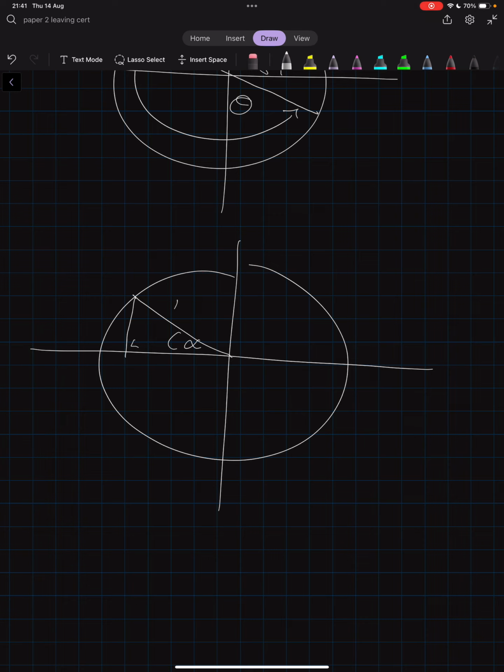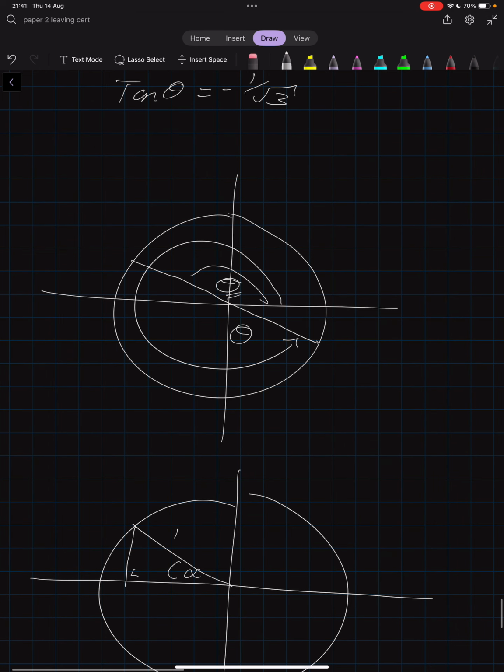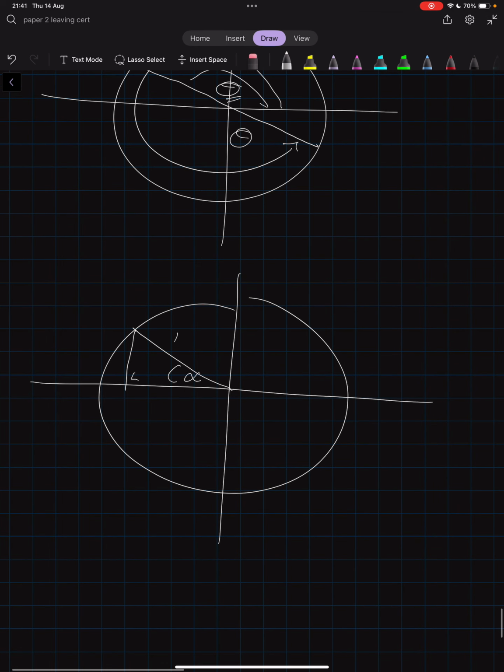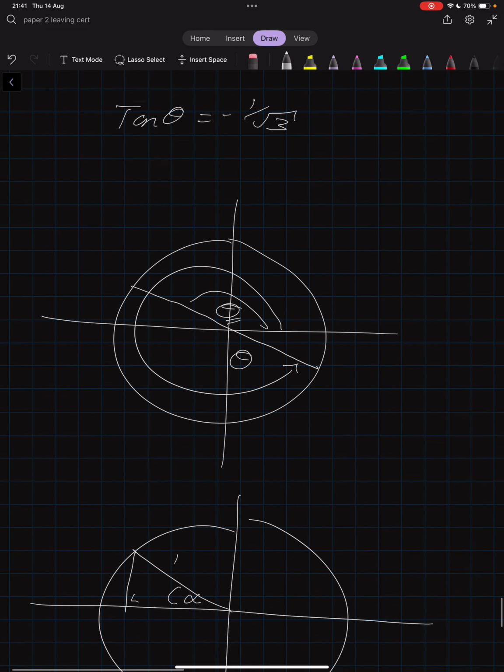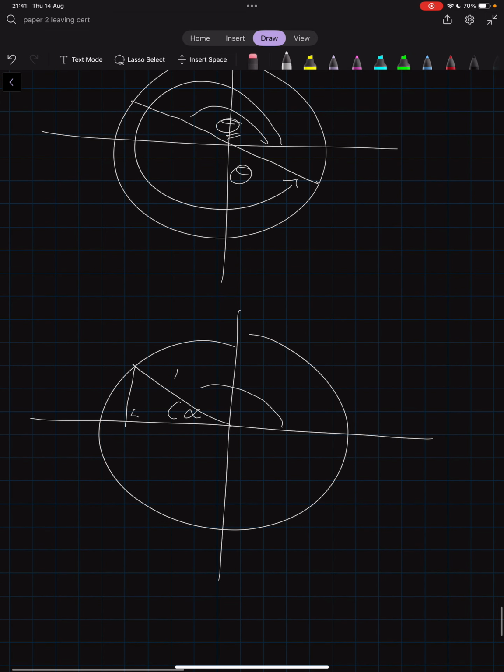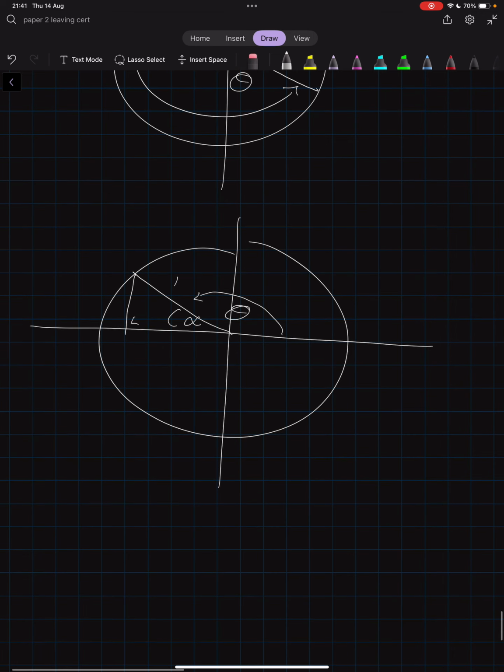Actually, sorry. I'm just being a little bit stupid. Because you've taken care of the minus sign, as far as alpha is concerned, it's going up.